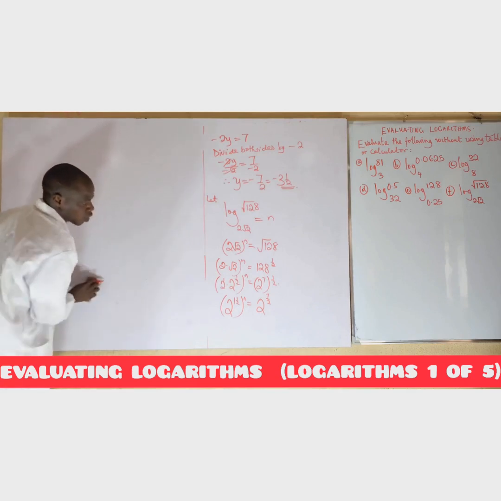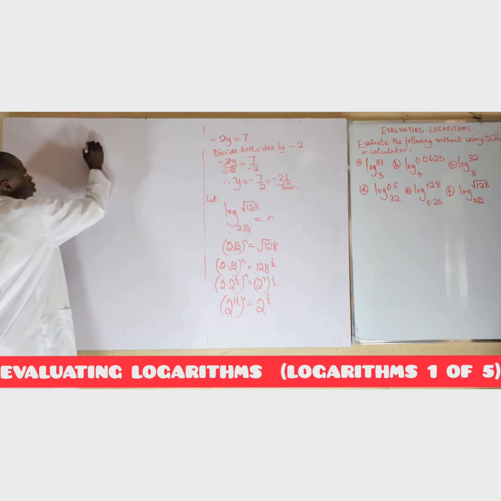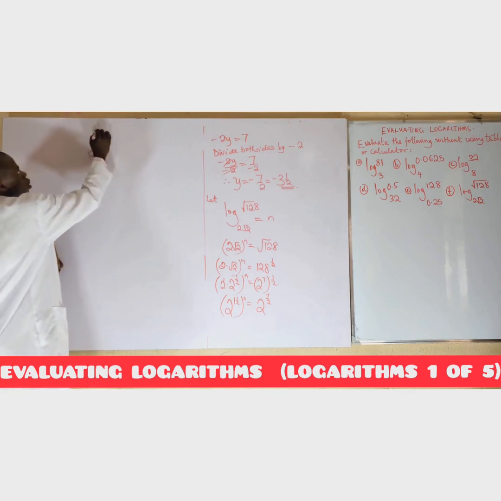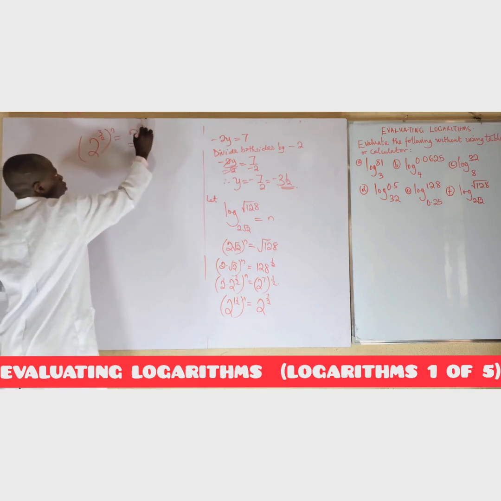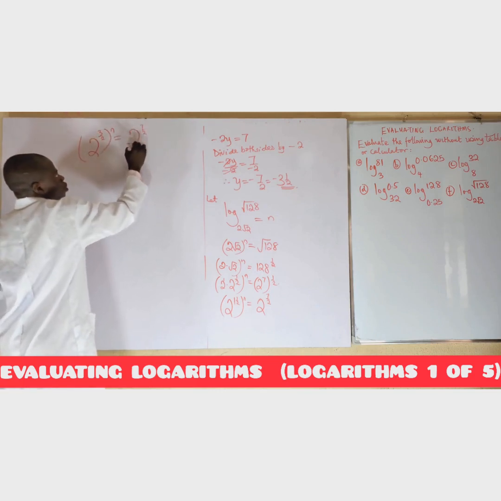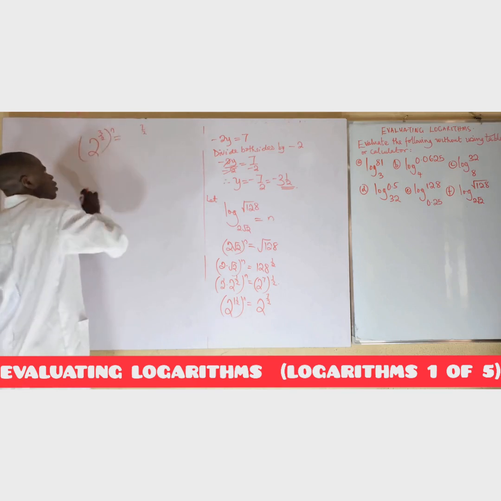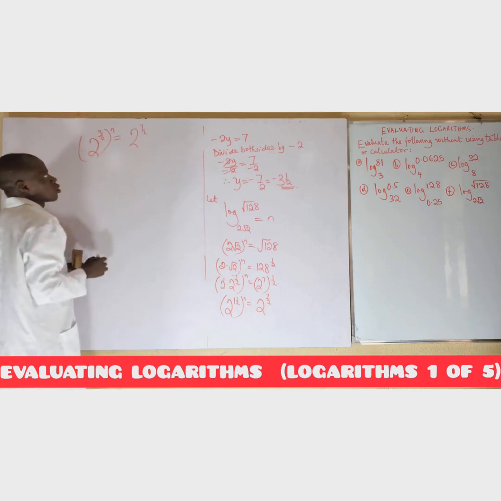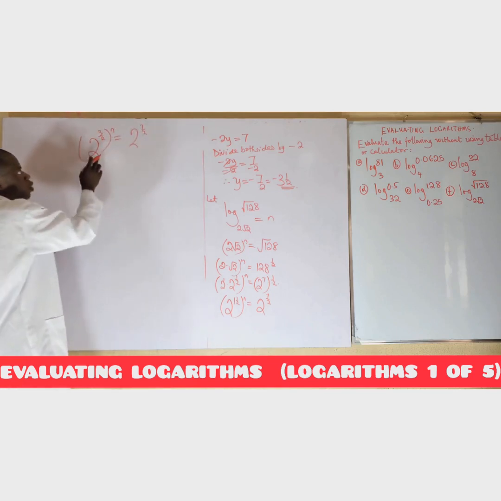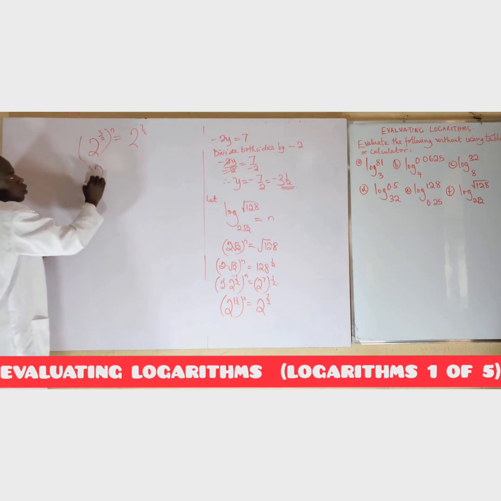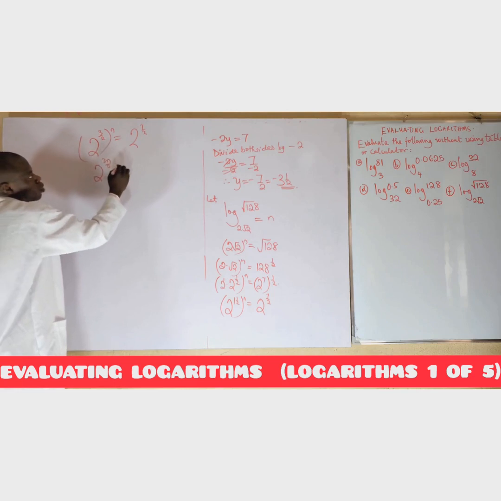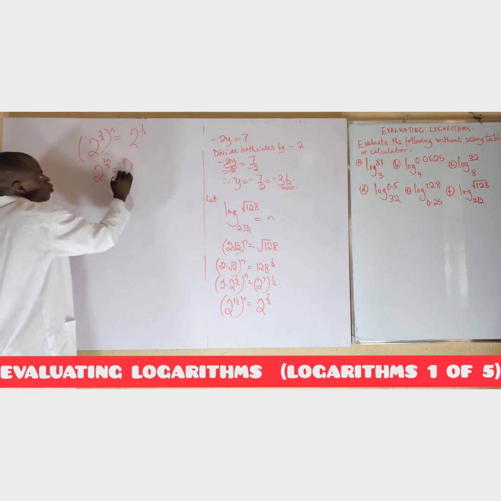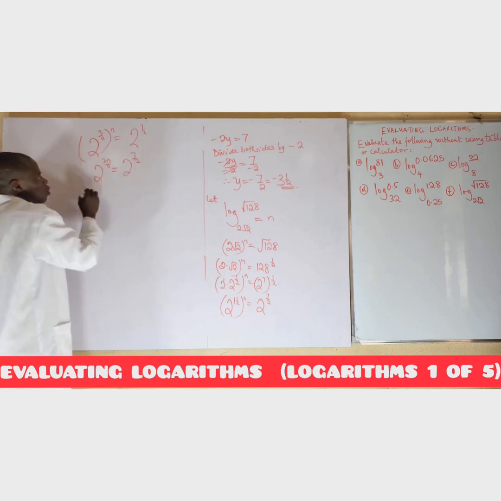You are going to have 2 raised to power 3 over 2 n equals 2 raised to power 7 over 2. Then, when you clear this bracket, that means you're having 2 raised to power 3n over 2 equals 2 raised to power 7 over 2.